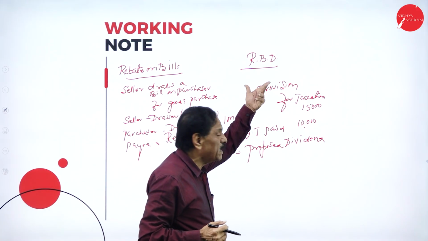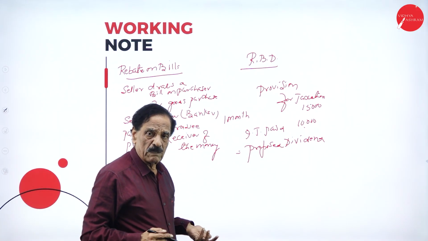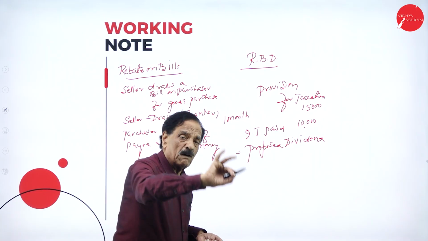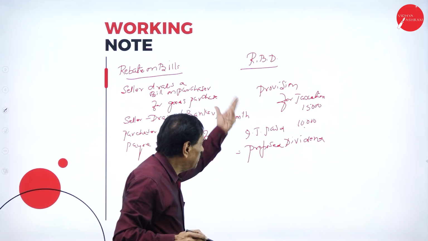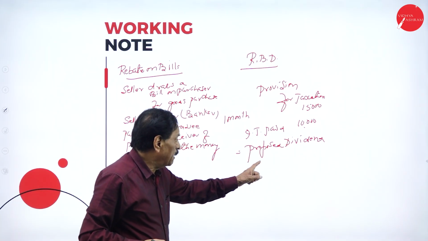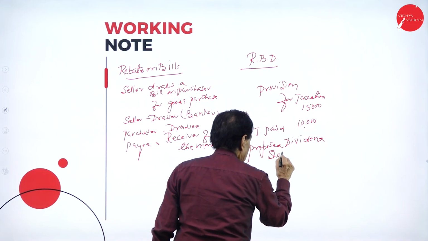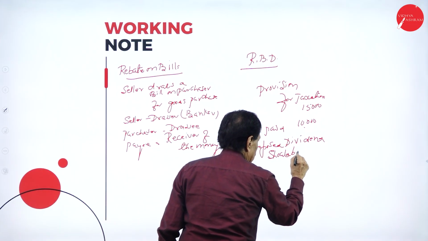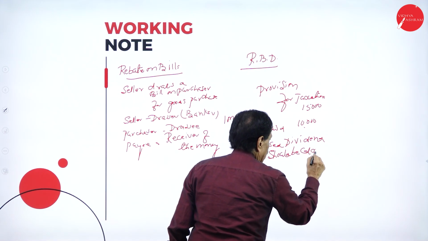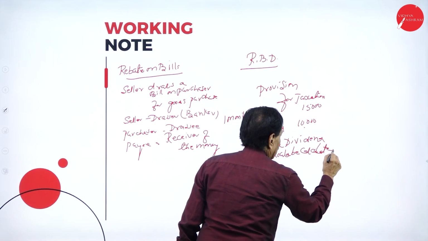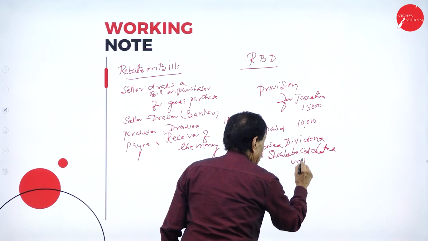Then it will come under other liabilities. First it will come under provision and contingencies, then it will come under other liability. Proposed dividend should be calculated on paid up capital.